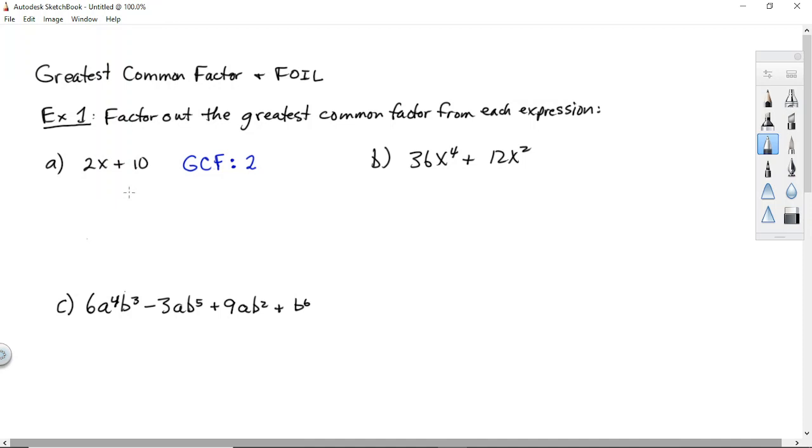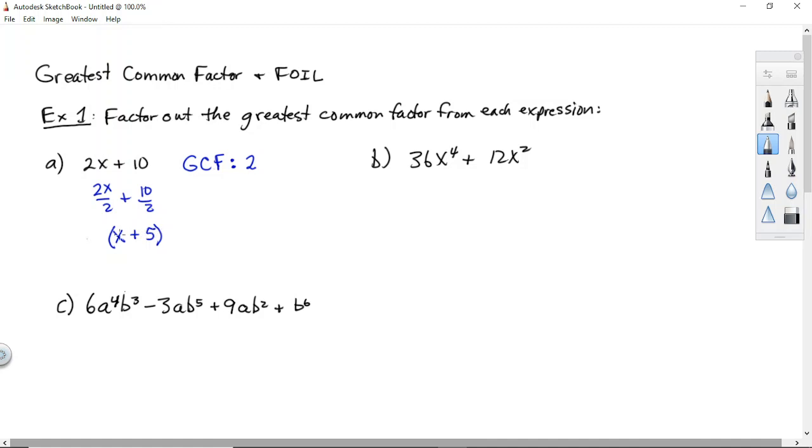So we have to see what's left after we divide by 2. We can divide each term by 2. The first term 2x divided by 2 just gives us x, and then 10 divided by 2 gives us 5.